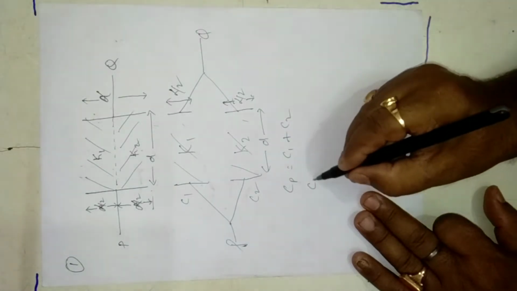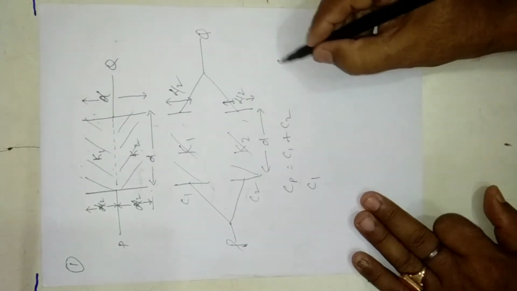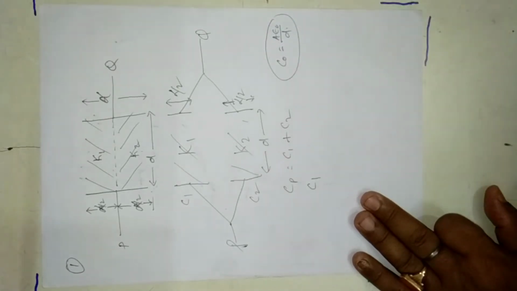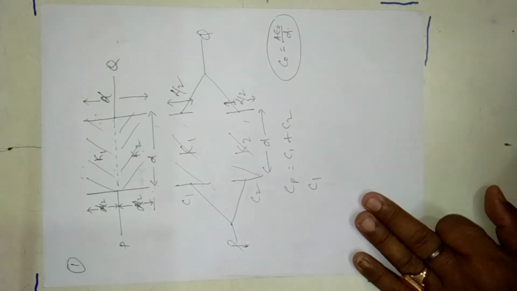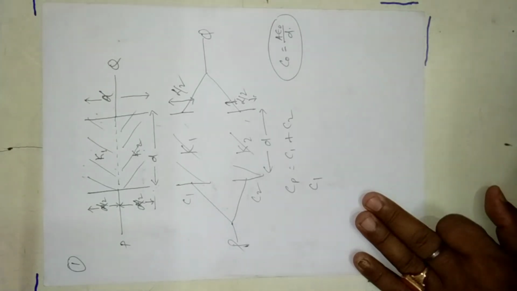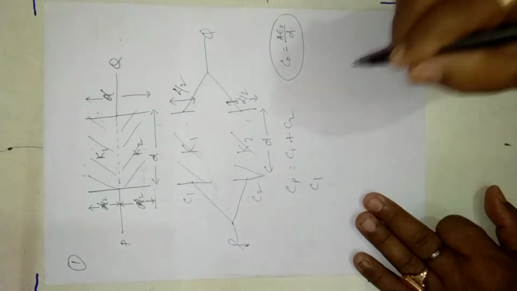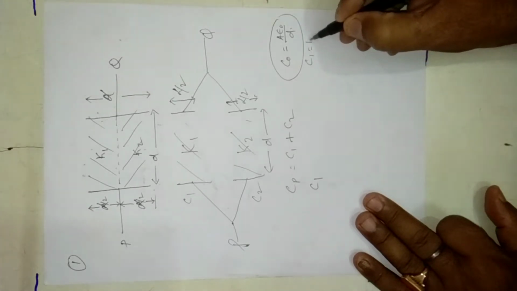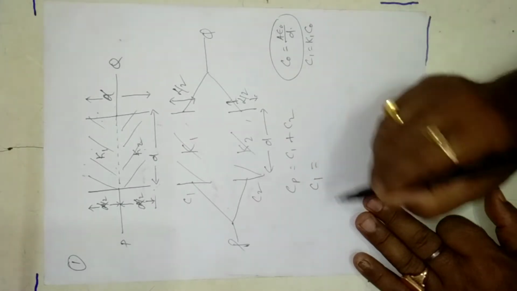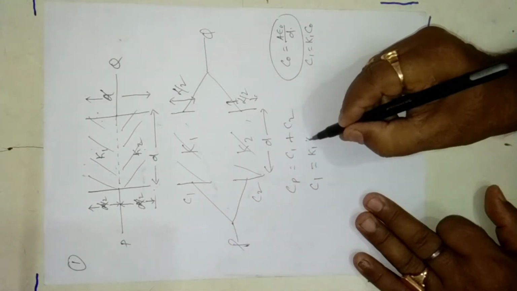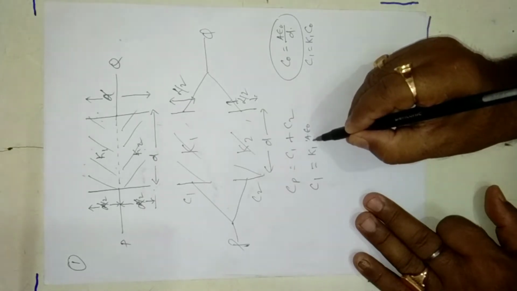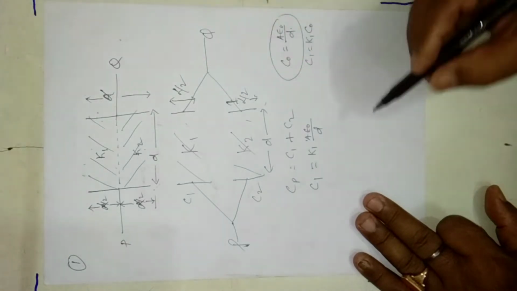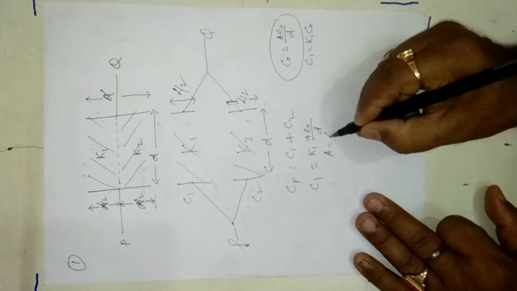Now what will be the value of C1, my dear student? You know that C naught is equal to A epsilon naught by D. This is the formula of capacitance of a capacitor with free space or vacuum, if there are no dielectrics between the plates. If a dielectric is inserted between the plates, then C1 will be equal to K1 into C naught, that is, K1 into A epsilon naught by D. But here the area is alpha by 2, so we replace A by alpha by 2.